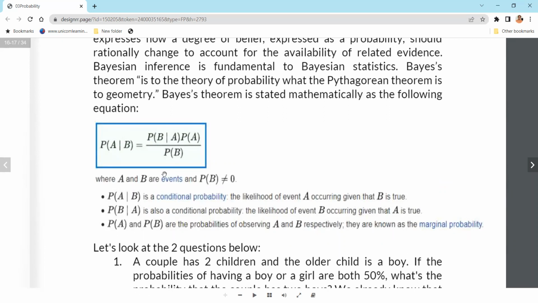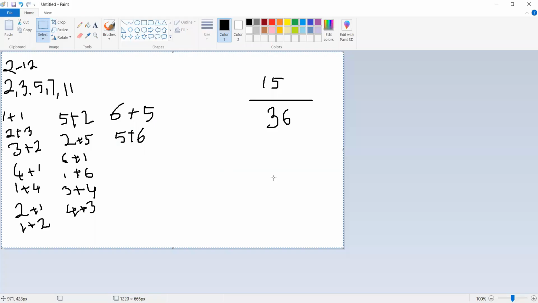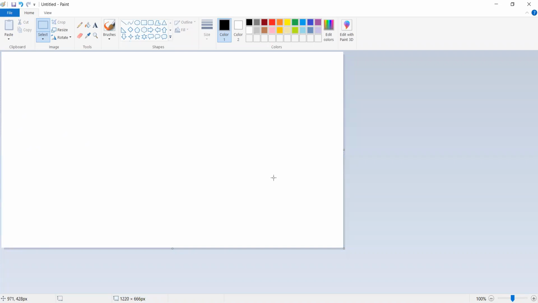Okay, question is, what is the probability of getting two heads when you toss a coin 2 times? One by 4. Because 2 heads and 4 possibilities. Now the question is, what is the probability of getting two heads when you have already got one head in the first attempt?